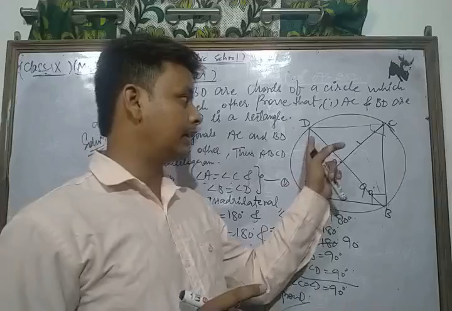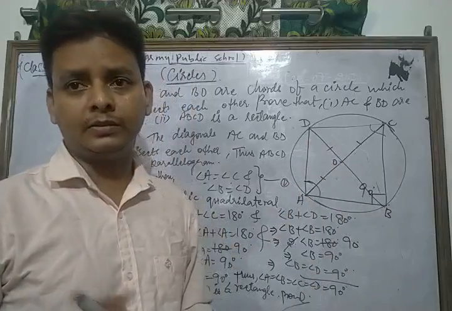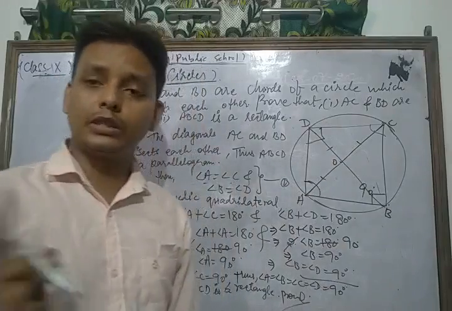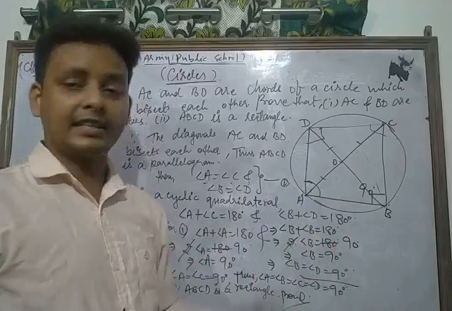Similarly, because angle B and angle D are both equal to 90 degrees, by the concept we can say that AC is a diameter.